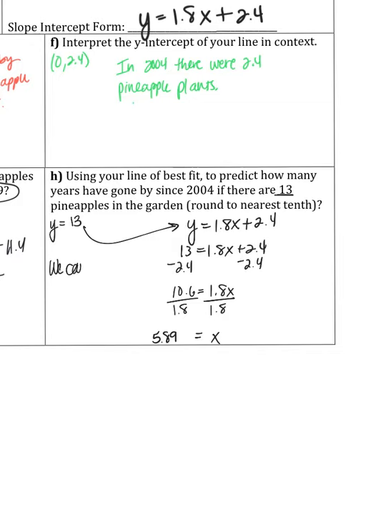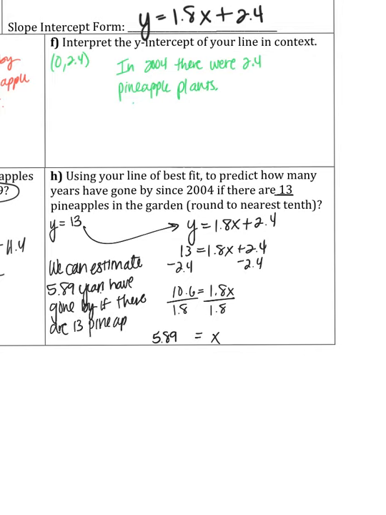We can estimate 5.89 years have gone by if there are 13 pineapples in the garden.